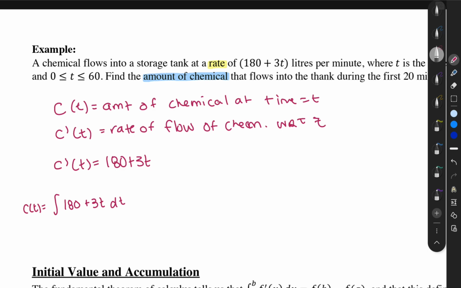I'd like to know the amount of chemical in the first 20 minutes. So how much chemical did I have at 20 minutes, subtract how much chemical did I start with, and that tells me how much has flown into the tank. And so what I'm actually looking for is the definite integral between 0 minutes and 20 minutes of 180 plus 3t dt.